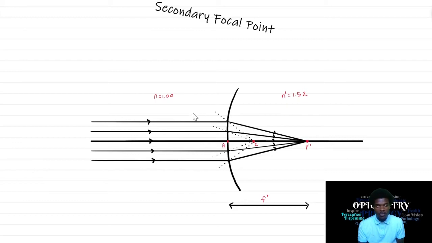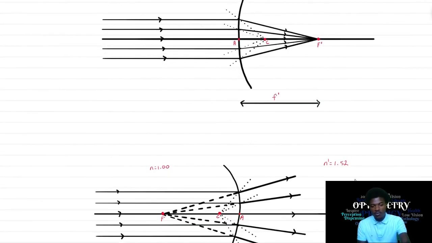Secondary because it comes from the primary medium to the secondary medium. So there we have the secondary focal point. Down here we can see the distance from the apex of the surface to the secondary focal point. We call it the secondary focal length. This is for a positive surface.